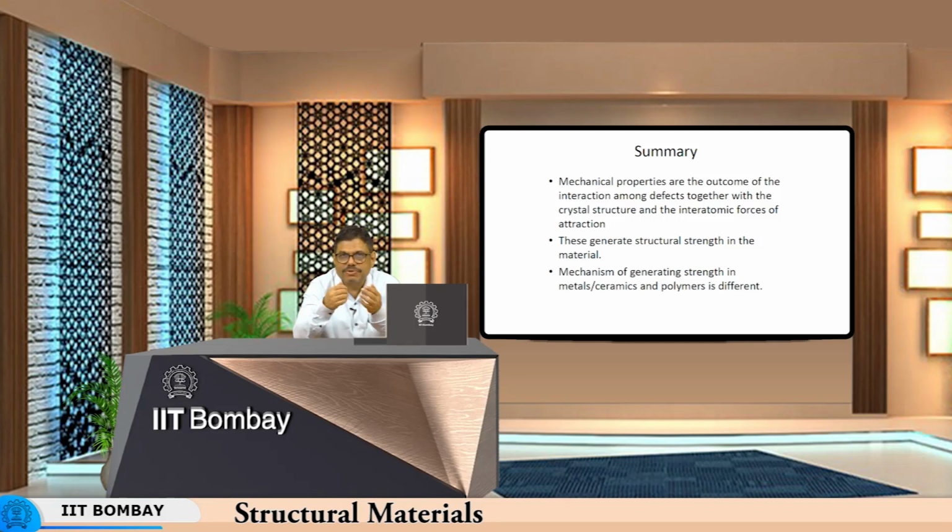There is nothing else with which you can control the strength of a ceramic material, and it therefore behaves in a brittle manner. So, we will see in subsequent classes how metals and ceramics are different from polymers, because polymers have a different way of generating strength. How polymers generate structural strength is something that we will see in the next class.